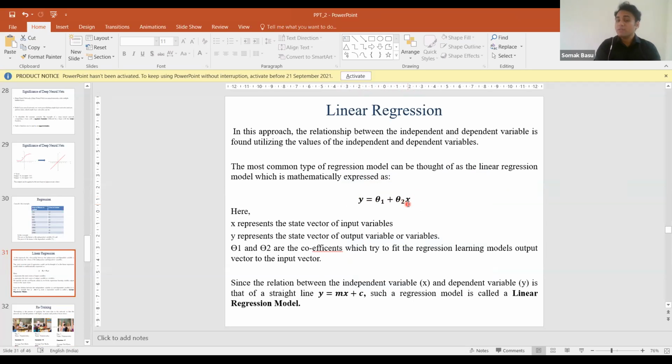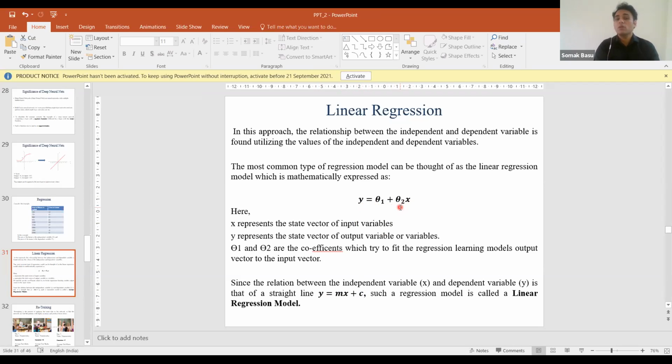In this case, you can see what is the highest power of x over here? It's 1. If you try to compare y is equal to theta 1 plus theta 2 x, you'll see that this is in the format y is equal to mx plus c. So basically, the relation between x and y is nothing but a straight line.